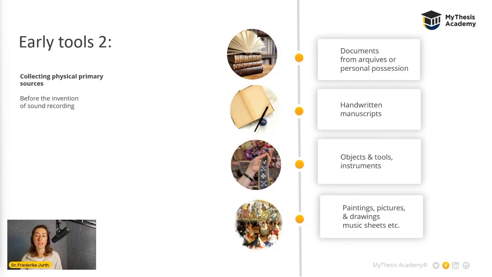It was possible to collect objects, tools, and instruments, so physical objects. It was also a way to look out for paintings, pictures, drawings, even music sheets, for example. All of these sources are part of the repertory and of the possibilities of the early tools and methods of data collection.